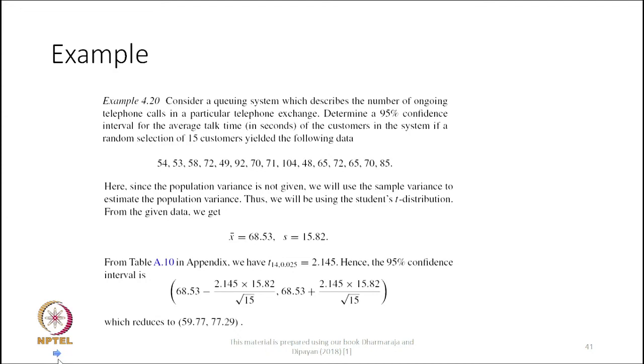Similarly, there is another problem we have explained, and here we have used the t distribution, and you can identify the point at which the right tail probability is alpha by 2 by seeing the table. Any t distribution table anywhere, for a given degrees of freedom, you can get the values and verify this.